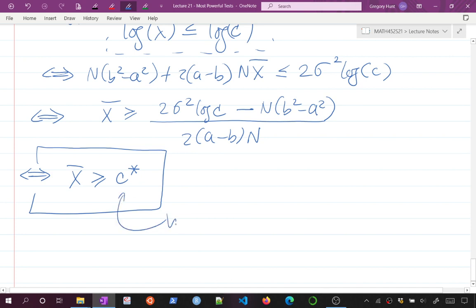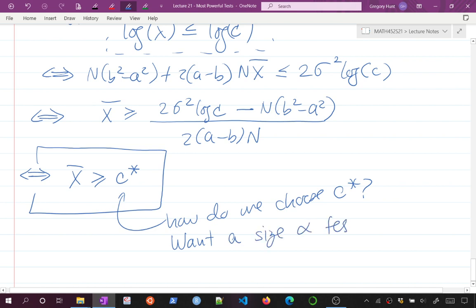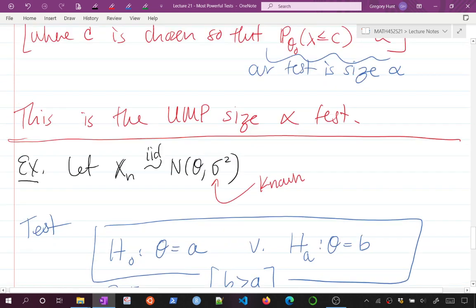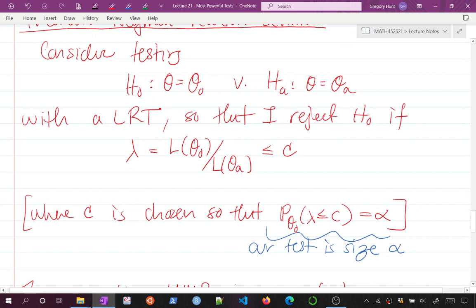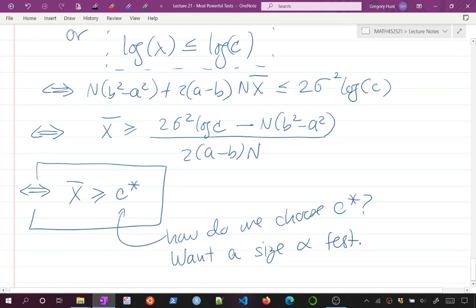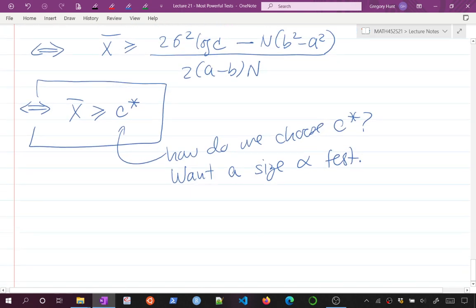So how do we choose C star? We want, in our case, a size alpha test, right? Why do we want a size alpha test? Because then we can apply our Neyman-Pearson lemma, and we can guarantee that this test will be the most powerful.